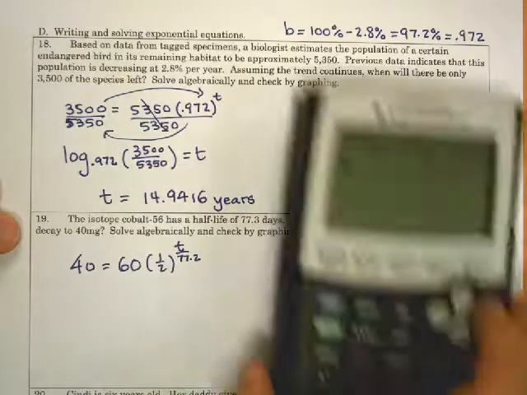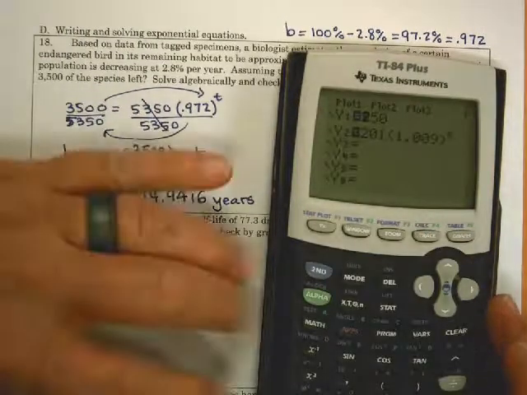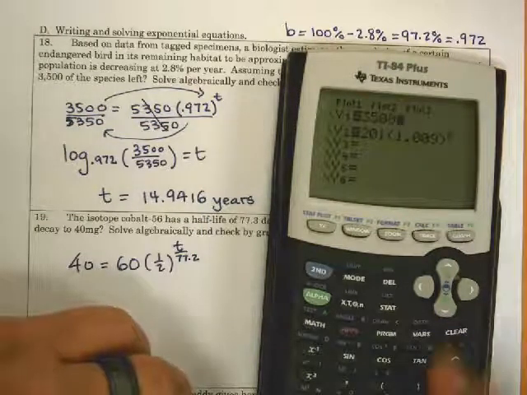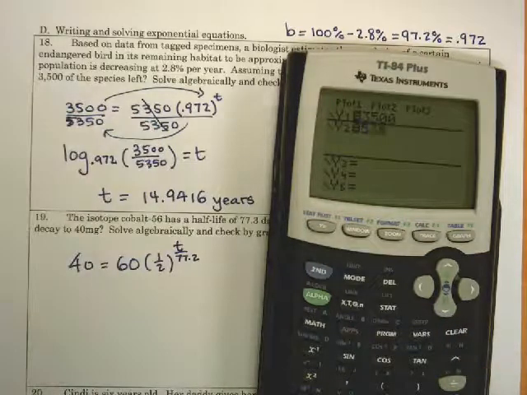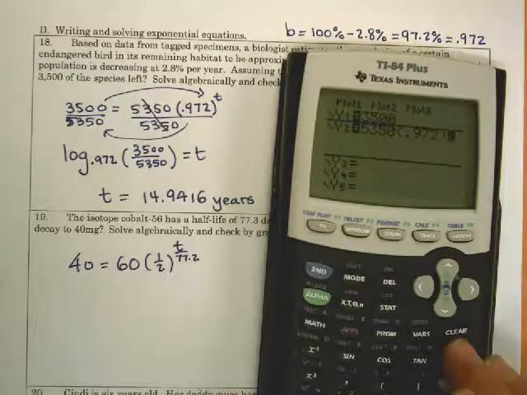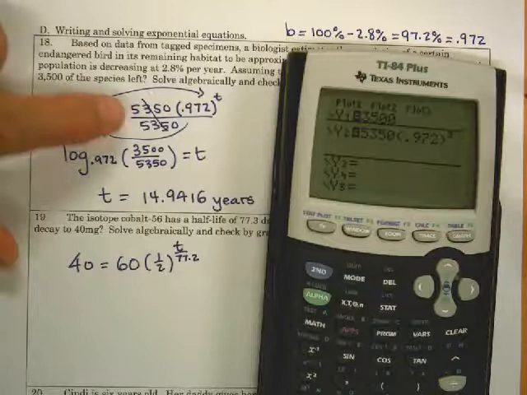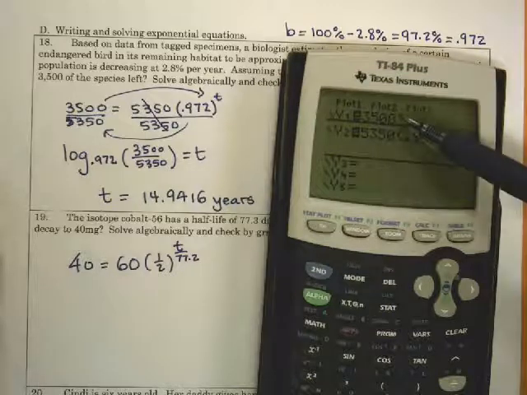Okay, now we're going to figure out this problem the other way. So I'm going to go back to what I originally had written here and type in 3,500 for the first function. And then on the other side we had 5,350 times 0.972 raised to the x power. I know that this starts at 5,350 as my y-intercept, so that's really high up, and this line that's going to be drawn is at about 3,500.